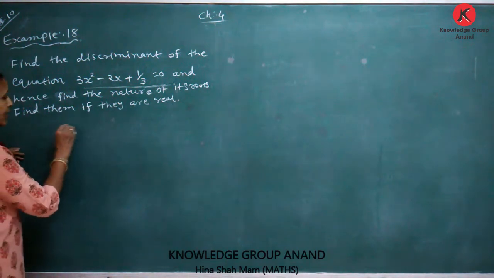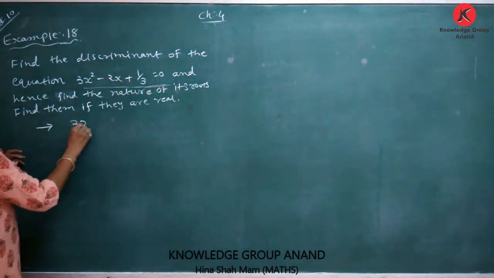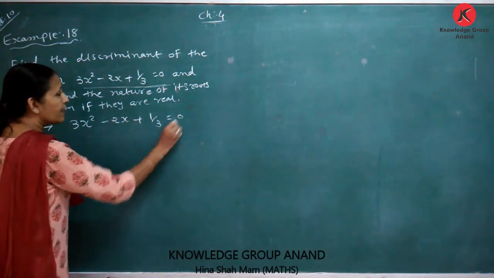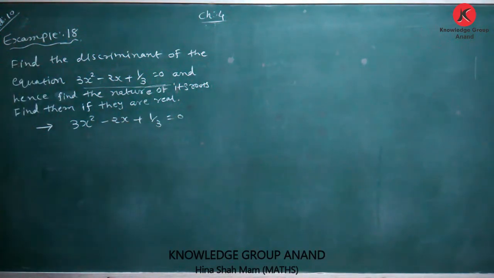Our equation is 3x² − 2x + 1/3 = 0. Find the discriminant.